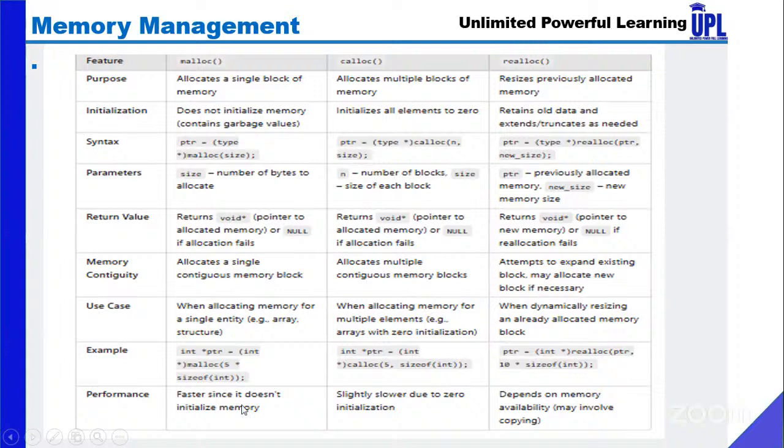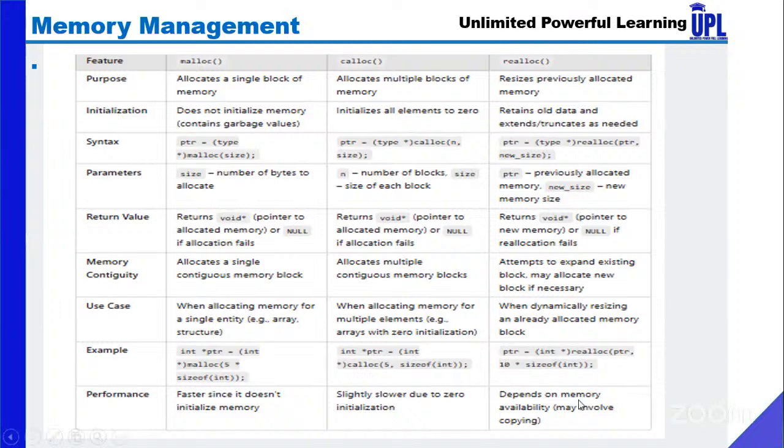Since malloc is a single block, it is faster. Calloc, with multiple blocks, is slightly slower because it is also initialized to 0. Realloc depends on how it copies to the new block. Usually, if you assume earlier 8 bytes of memory was there and suddenly you want to extend to 16 bytes, it will copy the data to another memory location where 16 bytes are available, and the size will be increased.